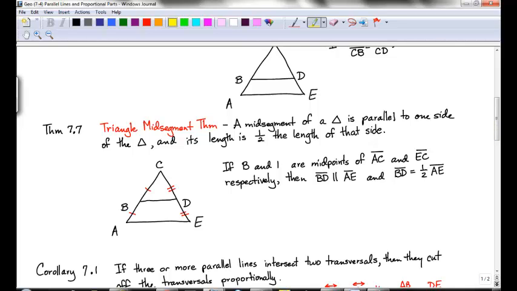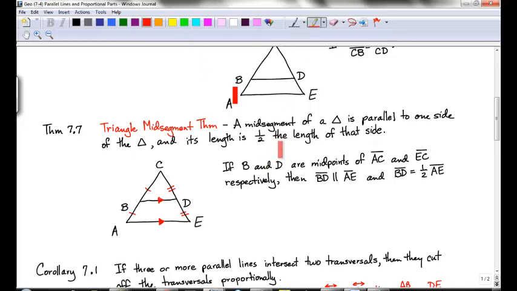So we could go ahead and put in here, if B and D, this should say D, sorry. I had to adjust my notes last night, so I messed up. B and D are midpoints. Okay, change that to a D right here.